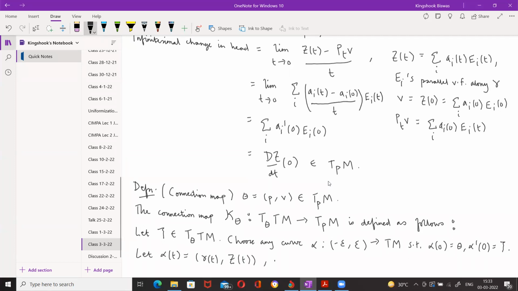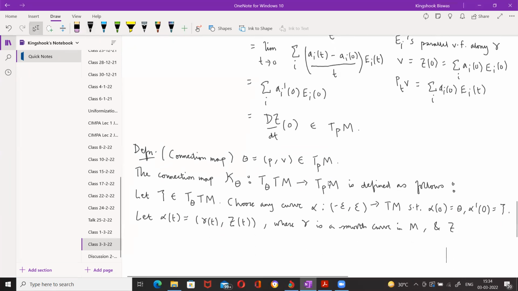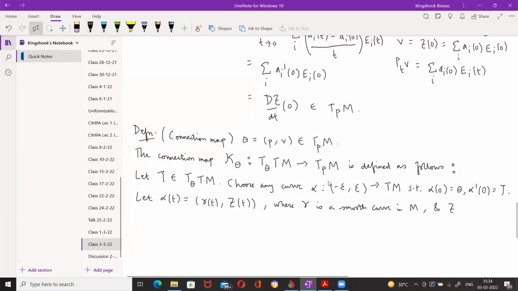So where gamma is a curve in M, a smooth curve in M, and Z is a vector field along gamma.